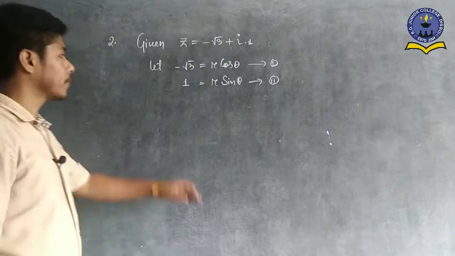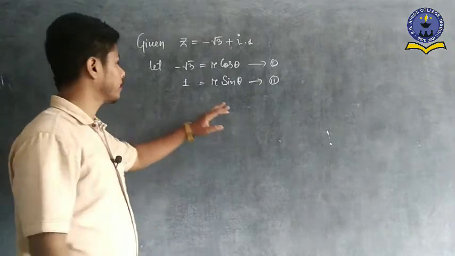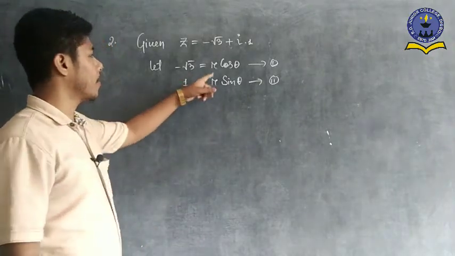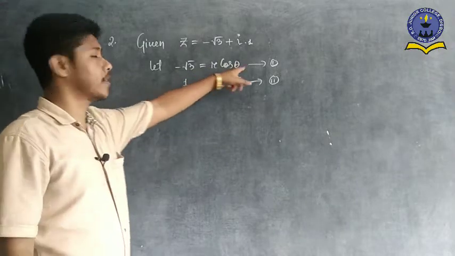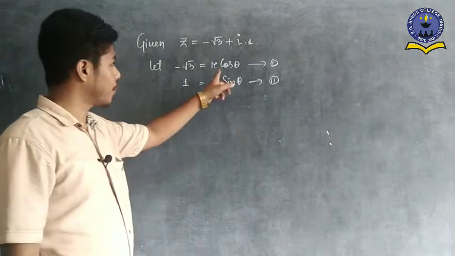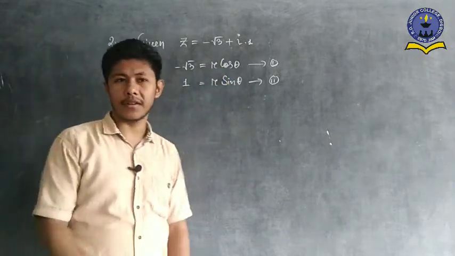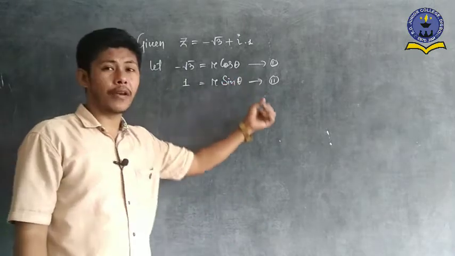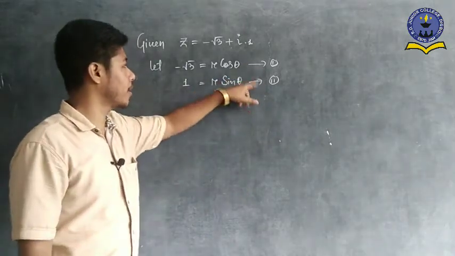Is it clear? Okay, now after writing this, we have to find the polar coordinates r and theta. All of you know how to find this. What you have to do is square and add these two.